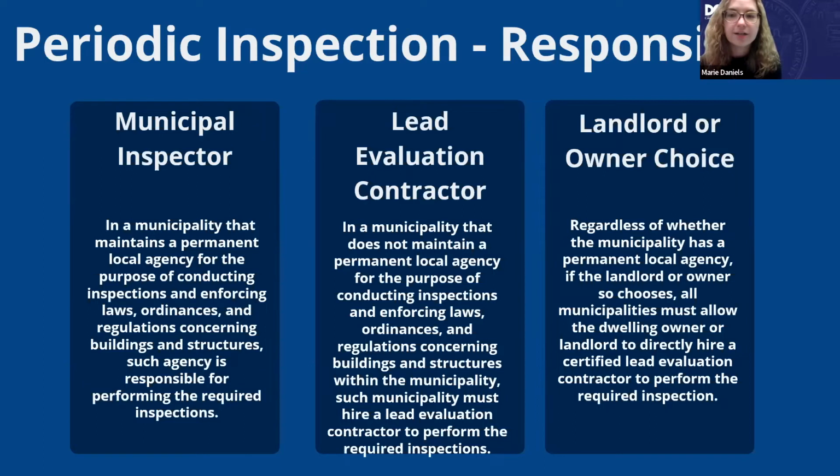One thing to note here is that that can shake out a little bit differently depending on the structure of the town. Any agency that has the authority to enter into buildings to enforce any regulations and ordinances can have individuals perform these inspections. And we'll get into the necessary training for those inspectors later. So this could shake out across multiple agencies.